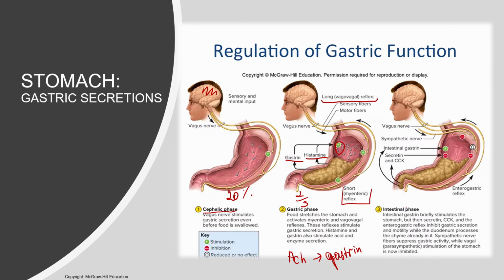So we trigger here the enterogastric reflex, which is when the duodenum sends inhibitory signals to the stomach by way of the enteric nervous system, all right?